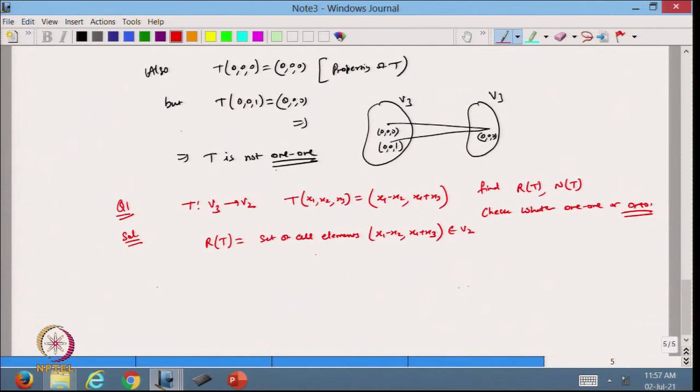So, this is the way my range is coming. Range will contain this type of element.